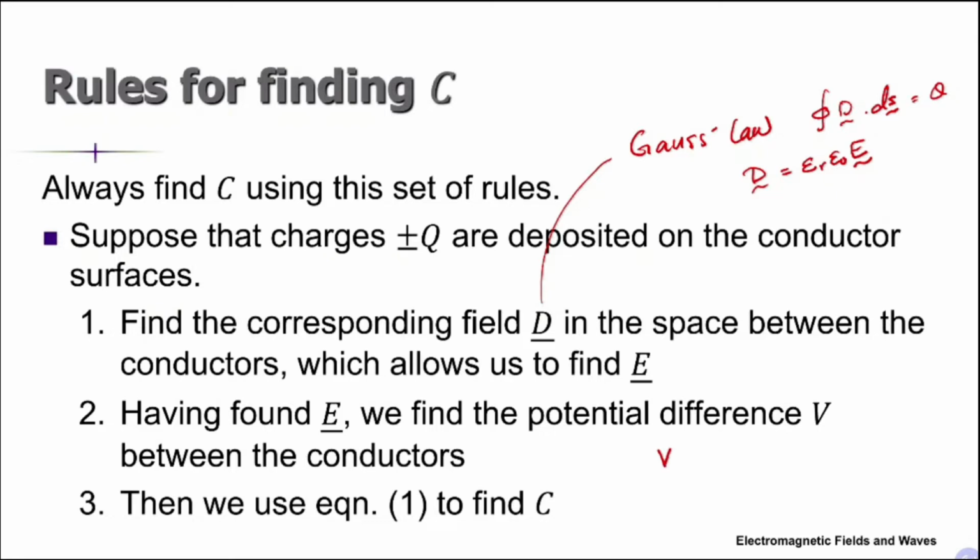The potential V is equal to minus the integral of the electric field E dot dl. And once you have the potential, you can find the capacitance from equation 1, C equals Q divided by V. So these are the 3 steps you can take to find capacitance.